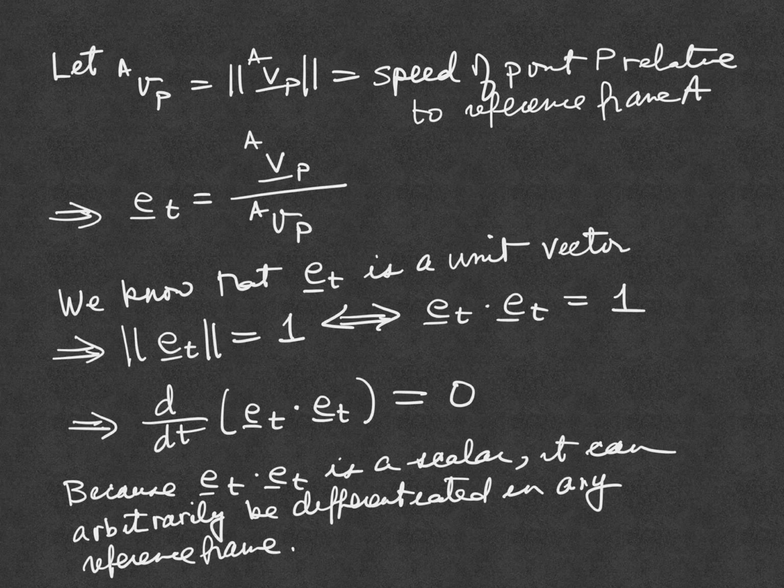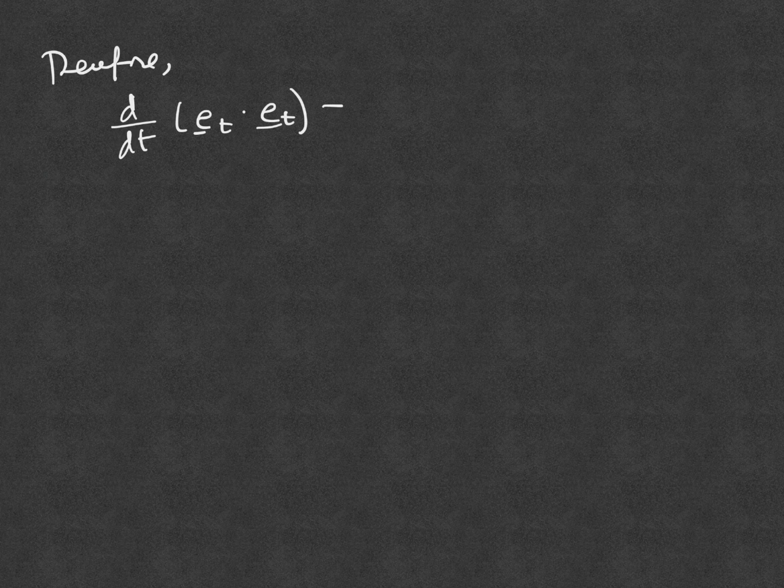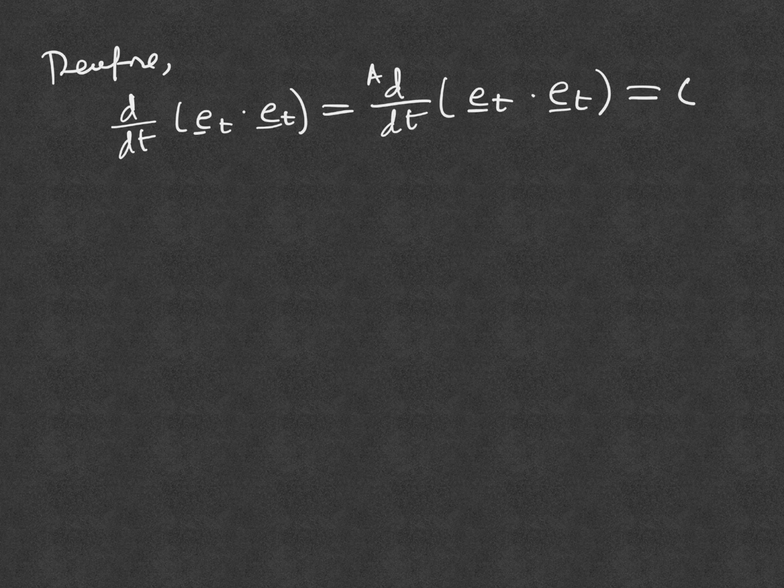So because it can be arbitrarily differentiated in any reference frame, we're going to arbitrarily differentiate this vector in frame A. So therefore, d dt of ET dotted with ET can be arbitrarily set equal to d dt in A of ET dotted with ET, and that's equal to 0.